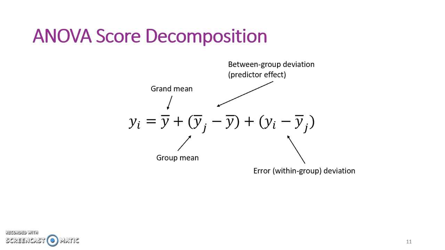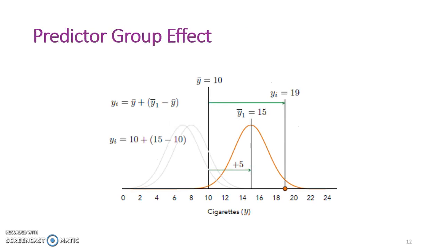Now let's take a look at these plots again, keeping this overall score decomposition in mind. First we've got the predictor group effect, and we're going to build this equation from the score decomposition. You'll see this equation on the upper left of the figure, where the observed score is equal to the grand mean plus the difference between the grand mean and the group mean.